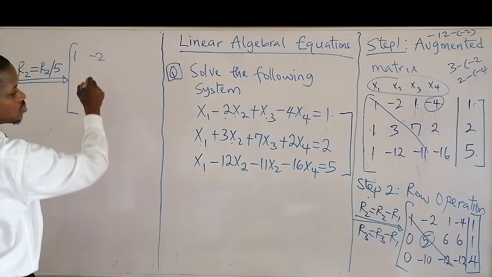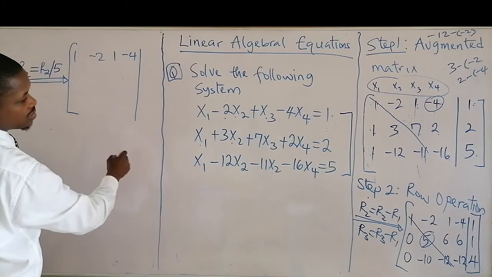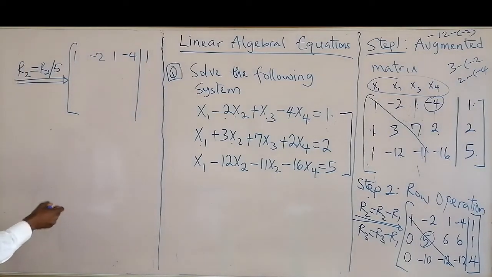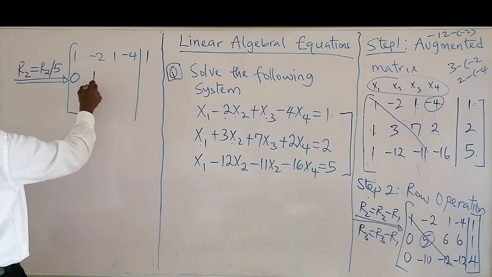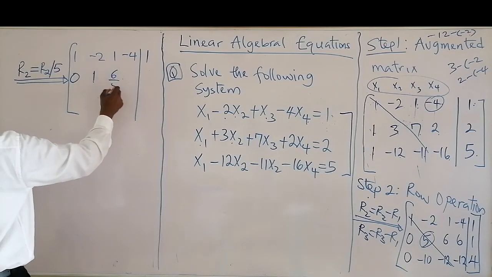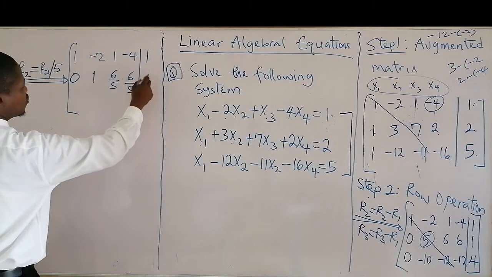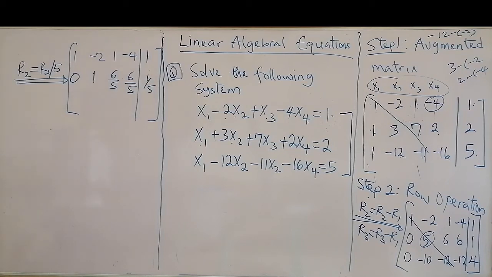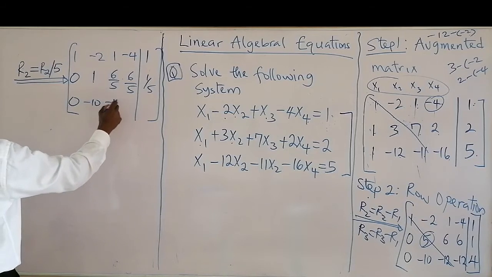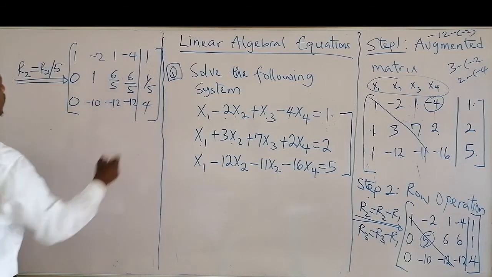So then we have 1, minus 2, 1, minus 4, then 1 here. Then 0 over 5, that's 0, 5 over 5, that's 1 here, and then 6 over 5, and then the other one is 6 over 5, and then 1 over 5. Then our row 3 we have 0, minus 10, minus 12, minus 12, 4.